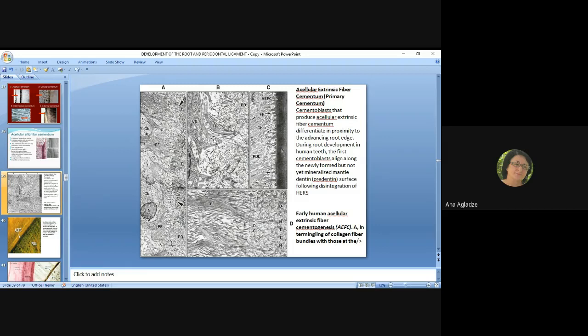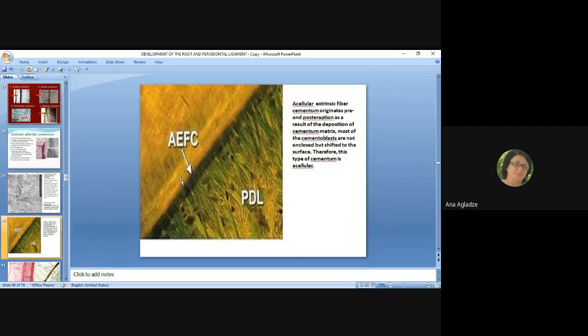This fringe of short collagen fibers becomes denser coronally, and within 100 micrometers of the advancing root edge, fibroblast type cells make contact with the dentin surface and start to assemble the fibril fringes into bundles that correspond to fibers.